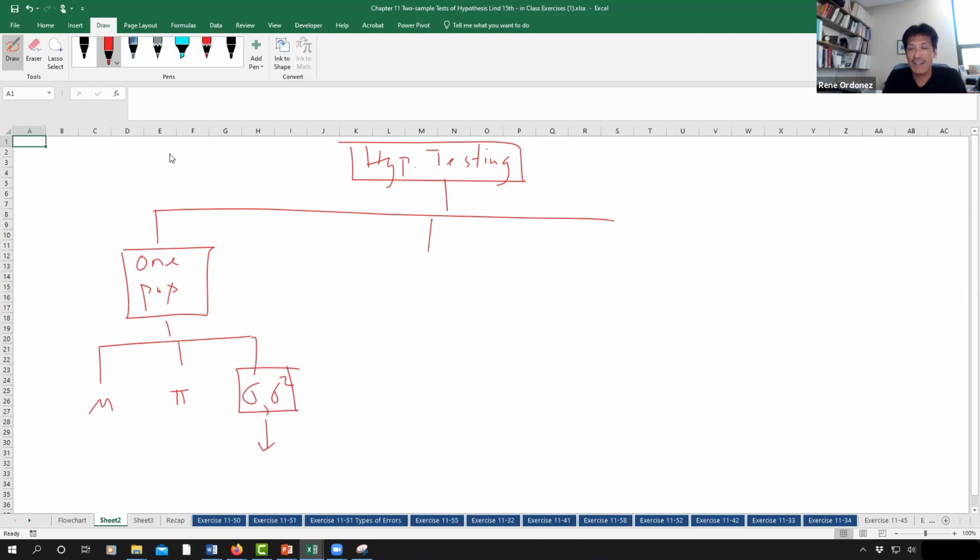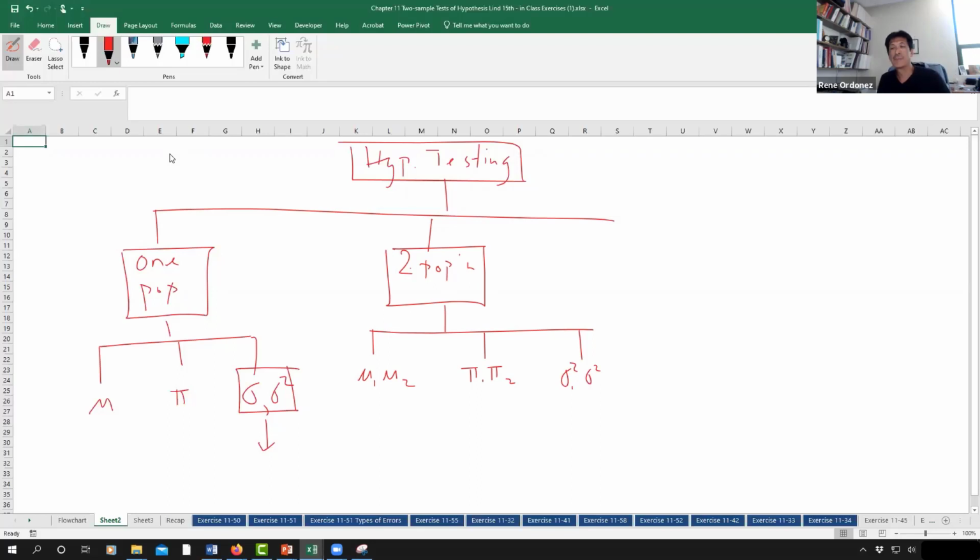In chapter 11, we looked at tests comparing the means of two groups, proportions of two groups, and variances of two groups. Now the question is, suppose we want to compare means of, say, 3 or more groups.